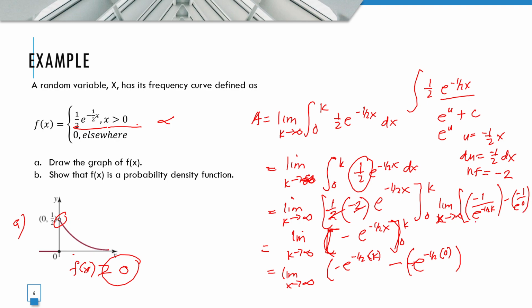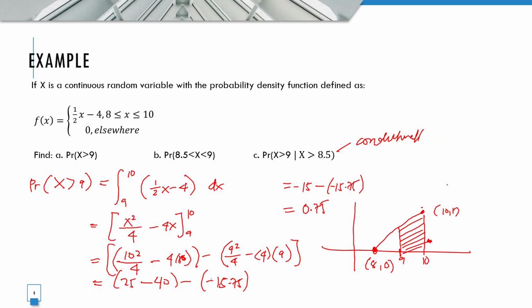So this one, negative 1 over e raised to negative 1 half k as k approaches infinity, if we're going to take the limit of this one, that is equal to 0, because of this principle.